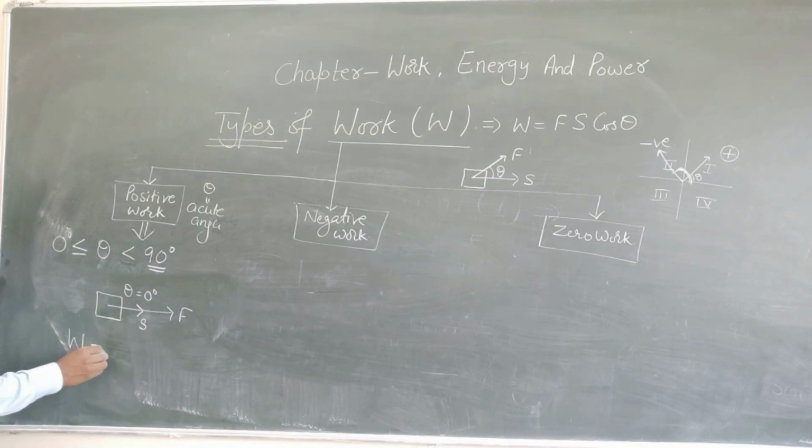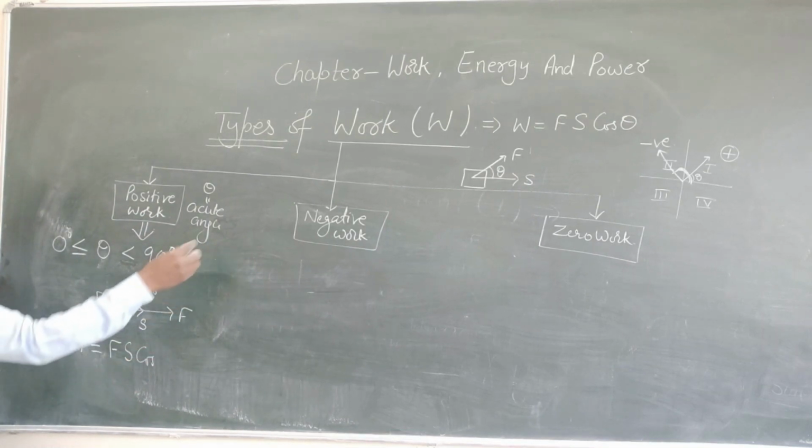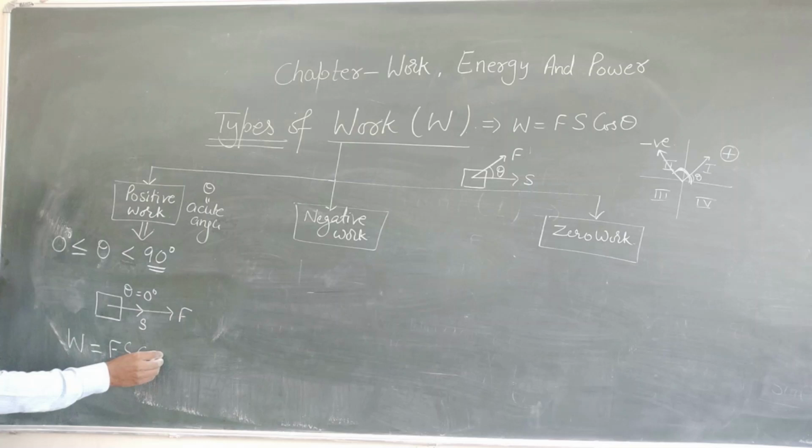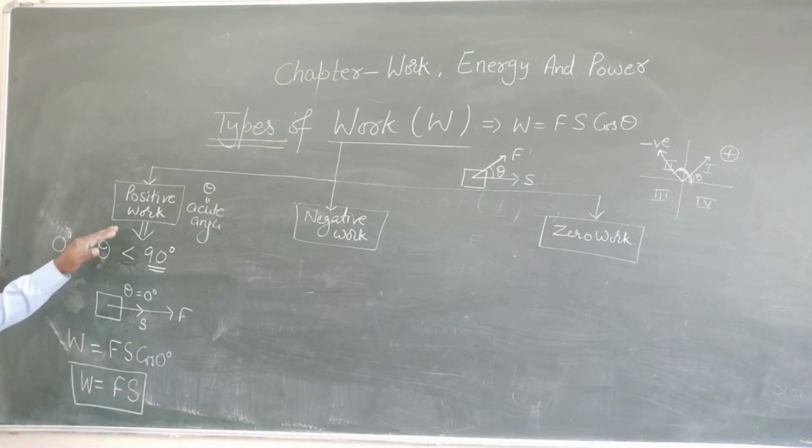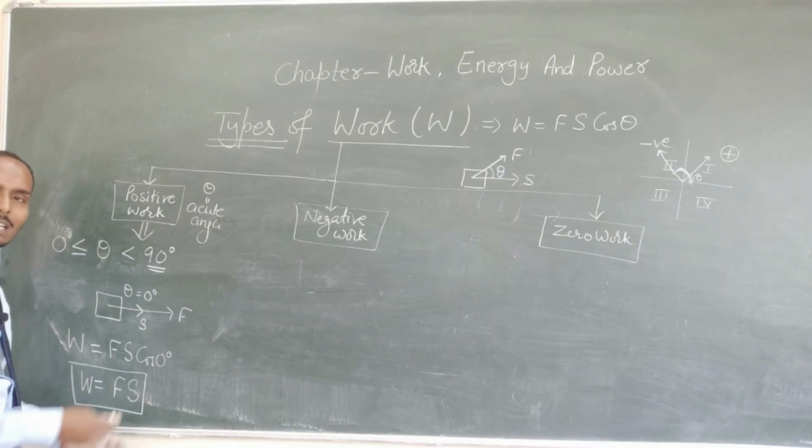Then the formula becomes: put the force F, the displacement S, and cos of 0 degree, which is 1, so it becomes Fs. It is the product of force and displacement, a special case as we discussed earlier. It is a kind of positive work.